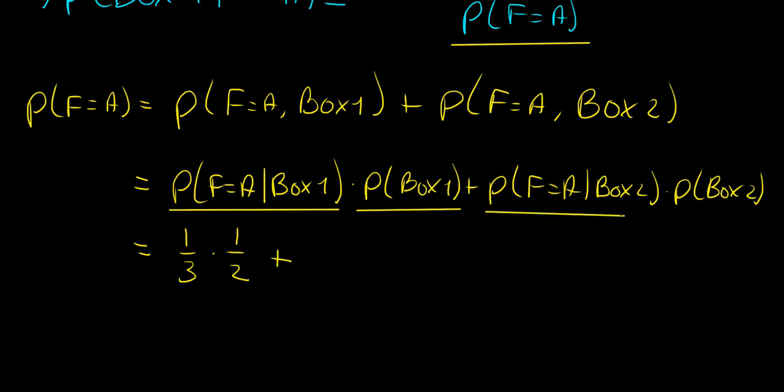Plus, now we get to the probability of an apple in box 2. And there were only 3 apples, so we get 3/10. Multiply with the probability that we are in box 2, giving us 1/6 plus 3/20.